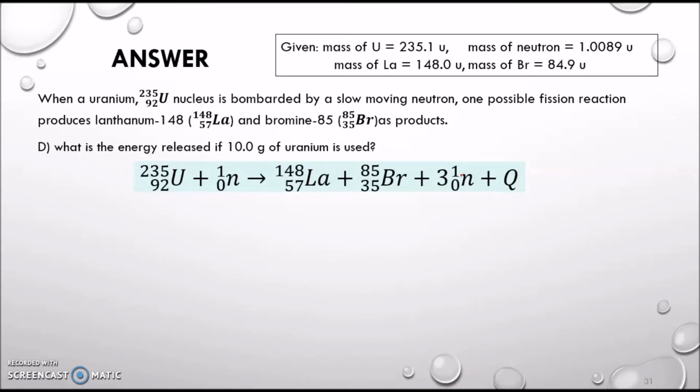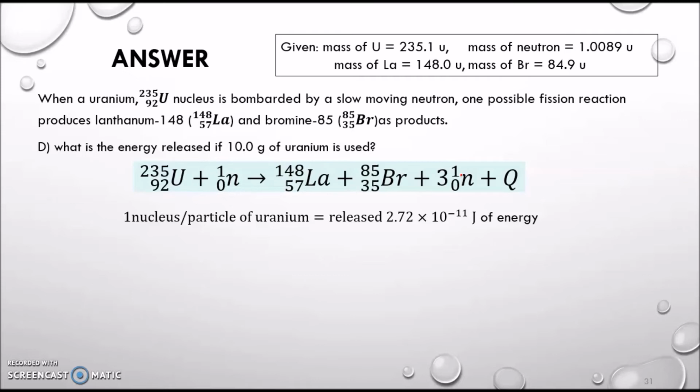For D, what is the energy released if 10 grams of uranium is used? From the equation, we only have one nucleus of uranium used in this reaction. And one nucleus of uranium will release 2.72 times 10 to the power of negative 11 joule of energy.